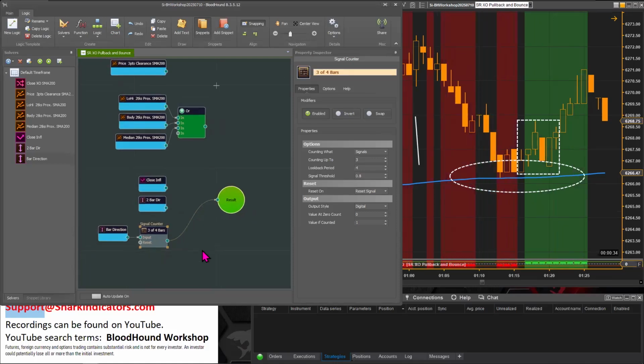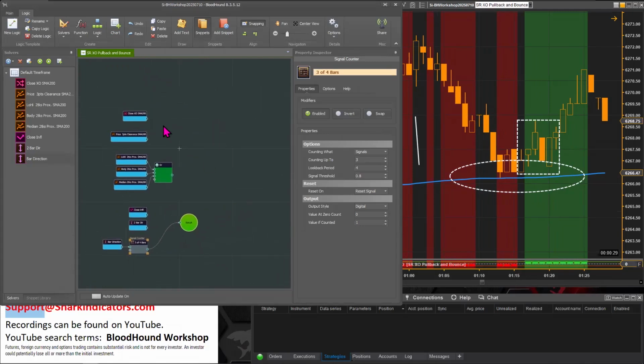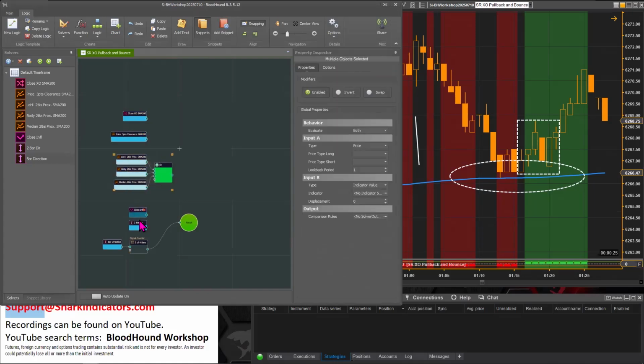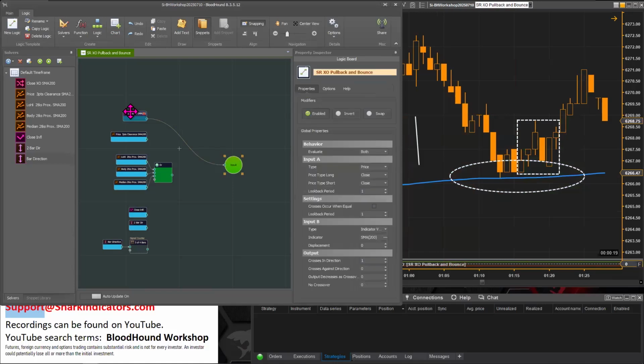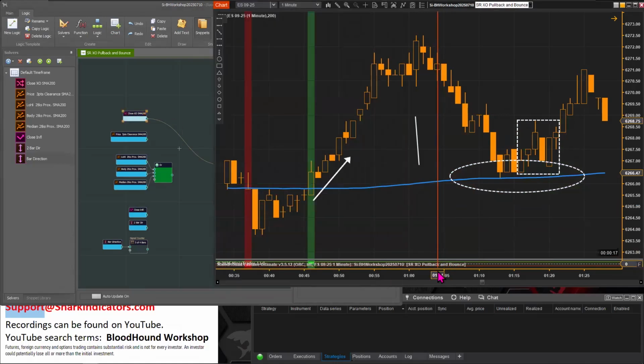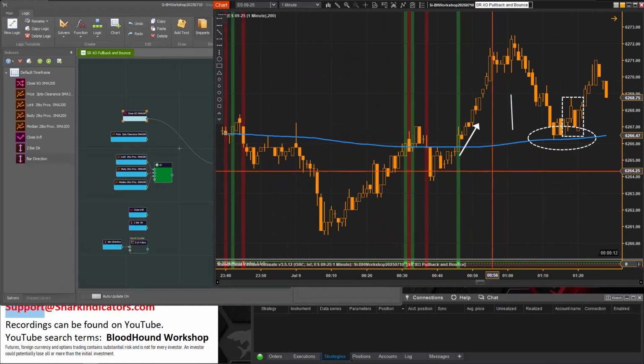All right, so now the last step is we need to connect all of these components together here. Our first condition is our crossover.